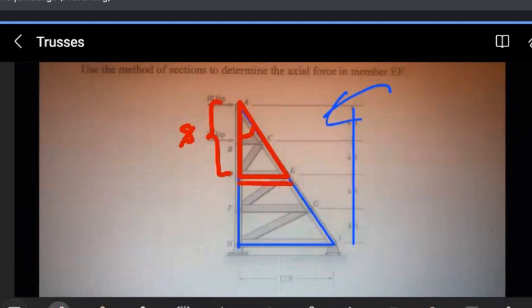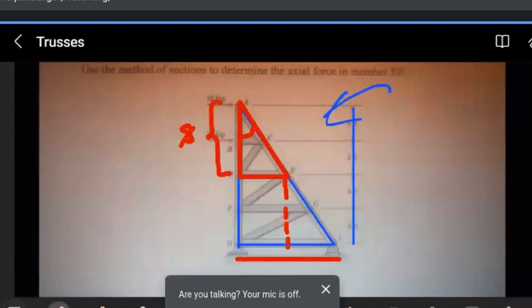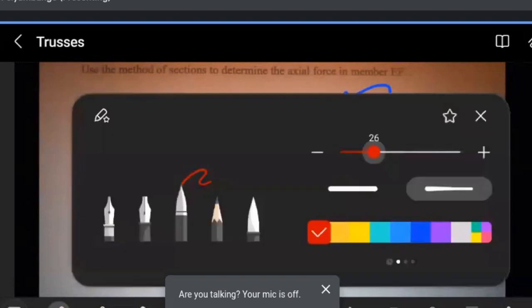But based on symmetry and what is given here, you should see that DE will have to just be half of BI. Since BI was given as 12, we expect to find DE also to be just half of that 12.